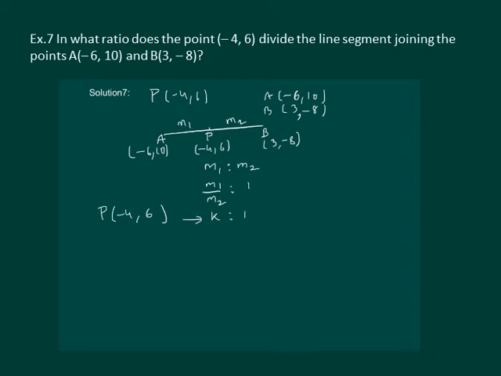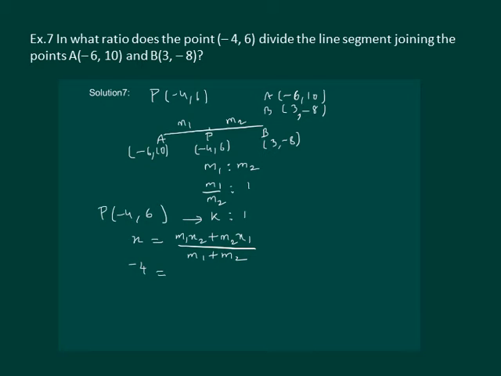So let us use the section formula and find the x coordinate of point P using the ratio k is to 1, which will be, here the x coordinate is given to us, which is -4. So we have -4 equal to, our m1 is k and m2 is 1.